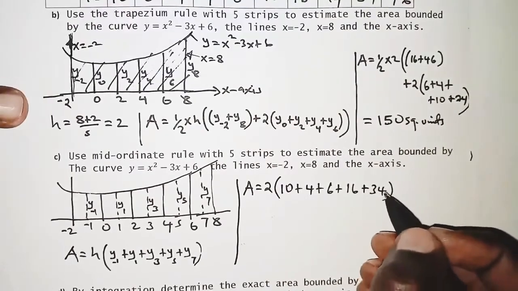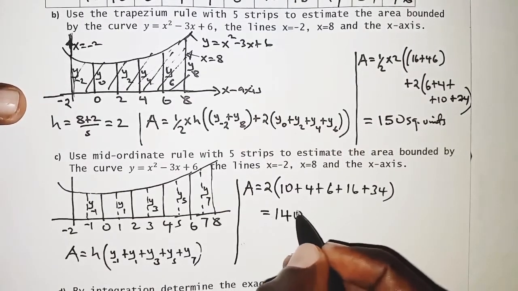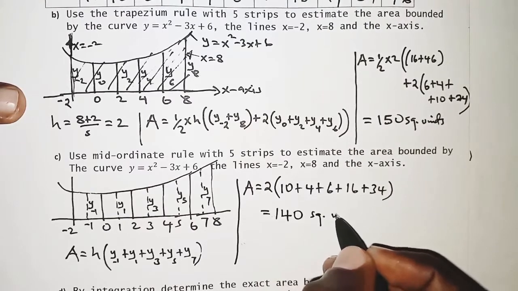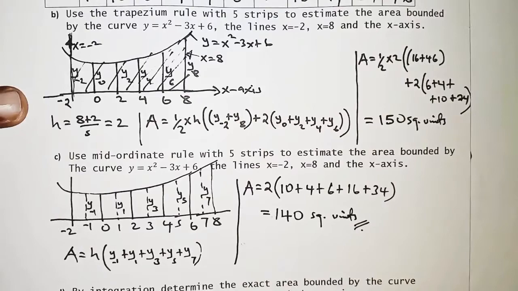So with all this, when worked out we get 140 square units as the area.